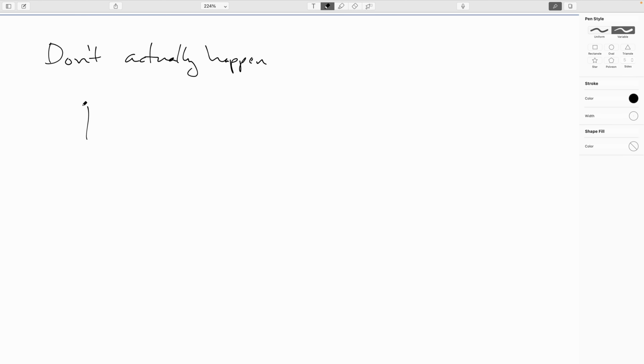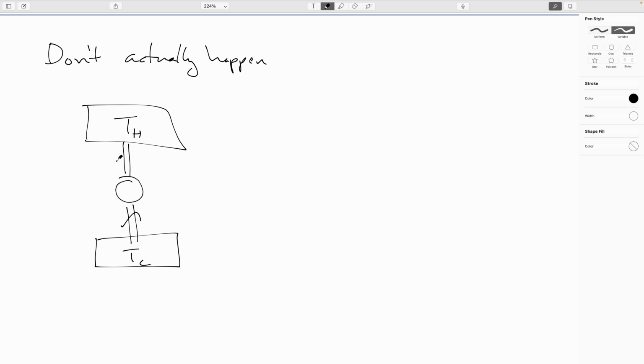So I could imagine drawing the reverse situation for my copper bar. So T hot, T cold. There's my copper bar, the working substance. But instead of extracting heat from the hot reservoir and rejecting it to the cold, I extract it from the cold and reject it to the hot with no input of work.